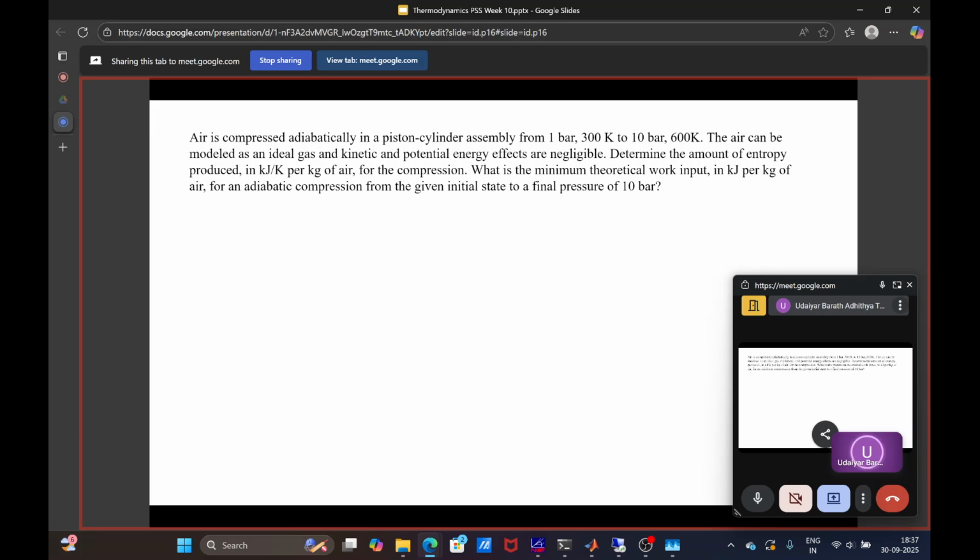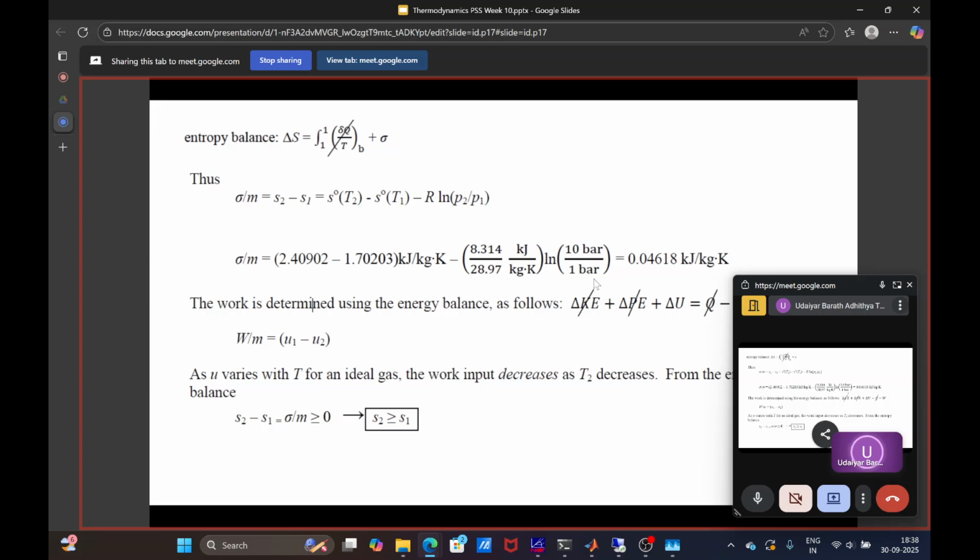You can have constant volume, constant temperature, or a polytropic process. So what other process can be taken to reach this minimum theoretical work input? How do we solve this?